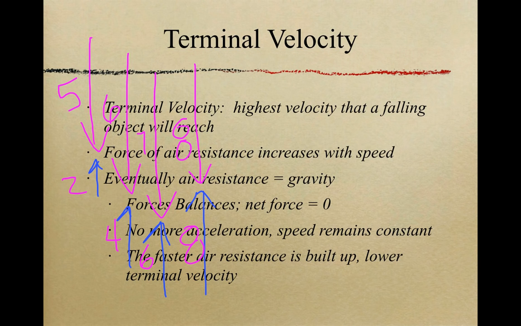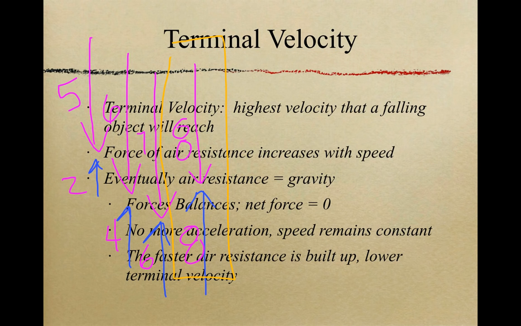So now in this scenario, our forces are balanced. With balanced forces, remember that we have no acceleration. So at this point, this object is going to continue to fall at the same speed. It's not going to pick up any other speed. Whatever that rate is, that is the speed it is going to continue to fall towards the ground.